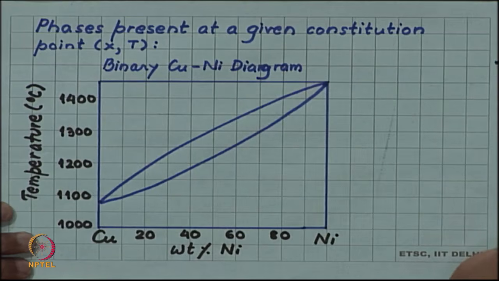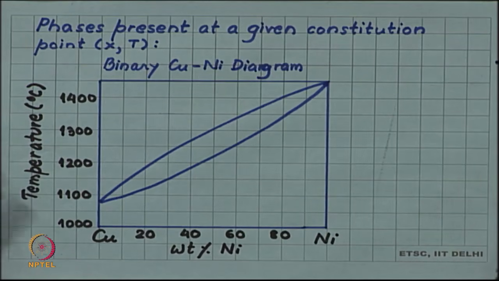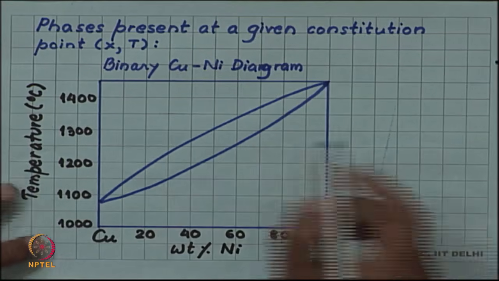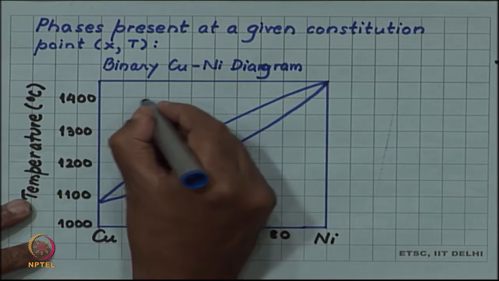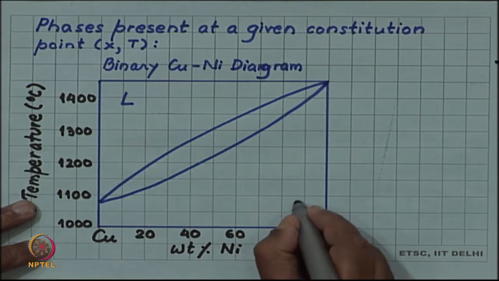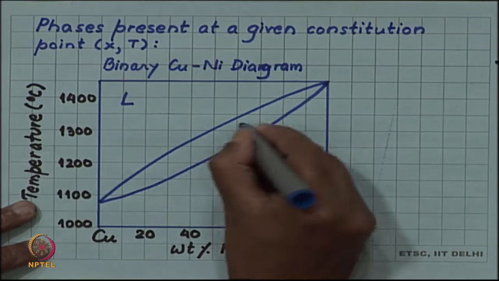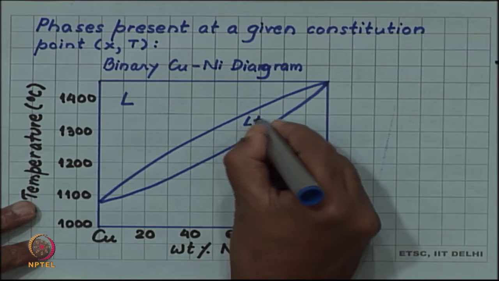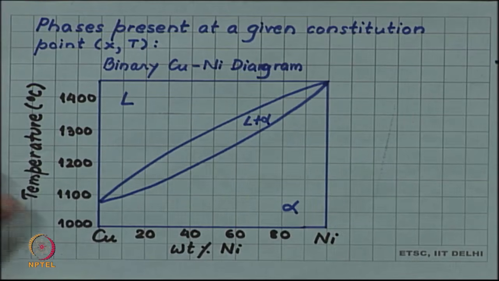So, you are quite familiar with this now. We saw that this region is the liquid phase, this region is a solid solution phase which we call alpha, and this region is a 2 phase region.